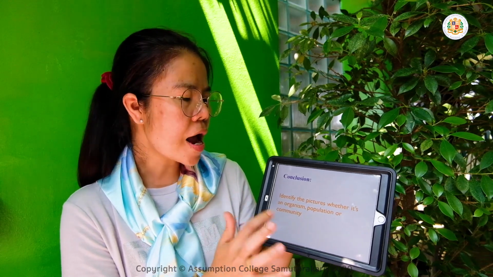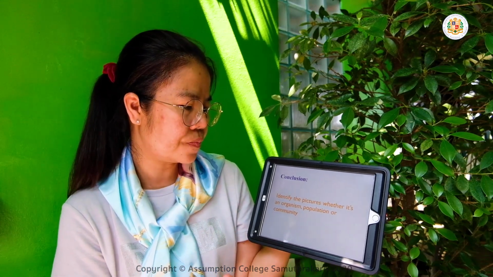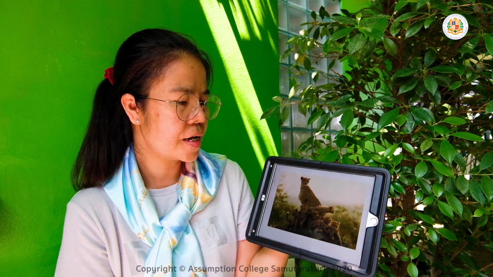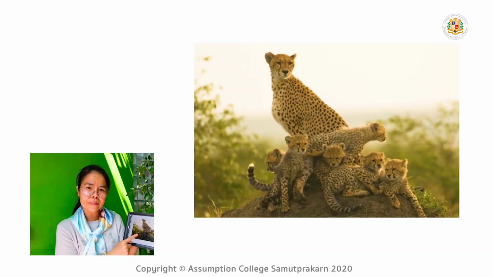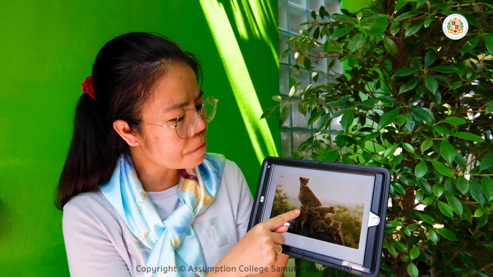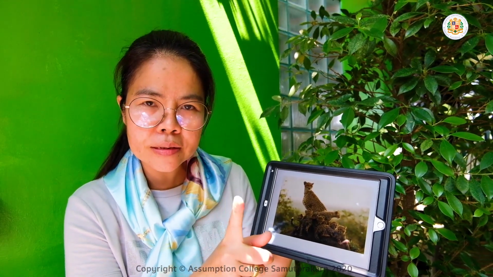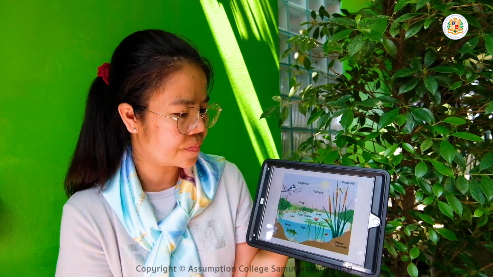Alright, I have many pictures for you. You have to tell me organism, population, or community. Okay. See this. What do you think? One. Okay. This is a group of tigers. So just only one species, that we know well is population. Yes.